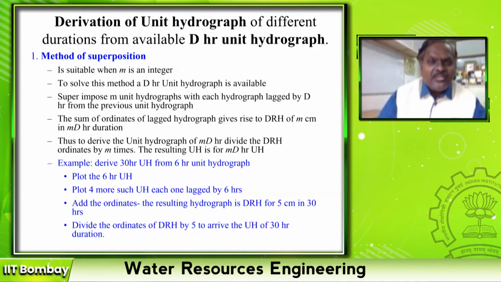First, let us take the method of superposition. Right? To solve with this method, a D hour unit hydrograph is available. That is a basic assumption. Superimpose M unit hydrographs with each hydrograph lagged by D hours. Right?